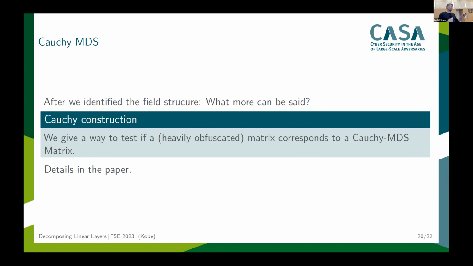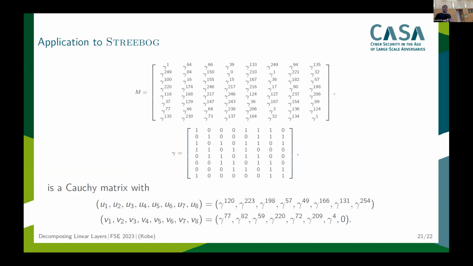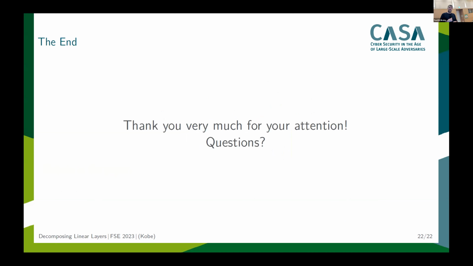Again, because of this heavy obfuscation, it's technically a bit involved, and the details can be found in the paper. If you then apply this to this Russian standard, you did see that not only was it hidden that there's a field structure, but it's also a known construction for MDS matrices, namely this Cauchy construction. And I think that's all I wanted to say. Thank you very much.